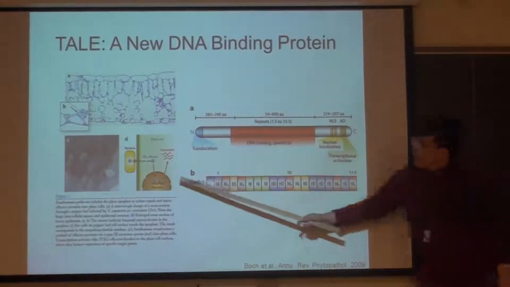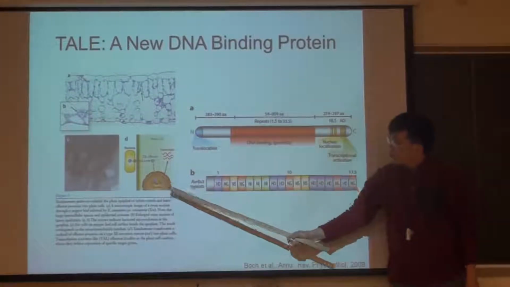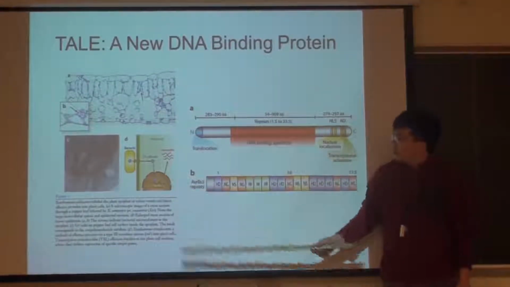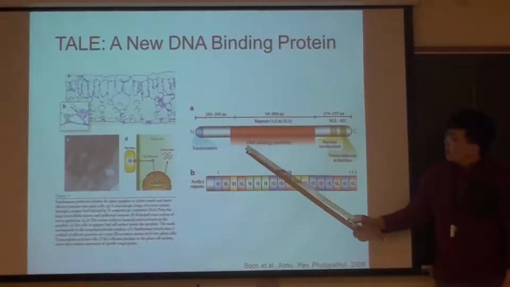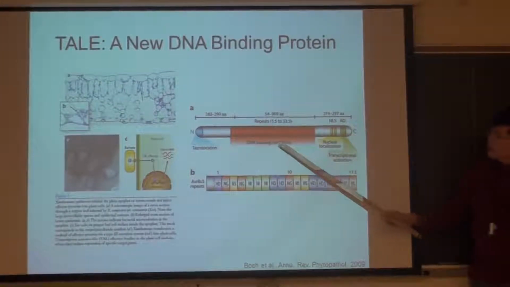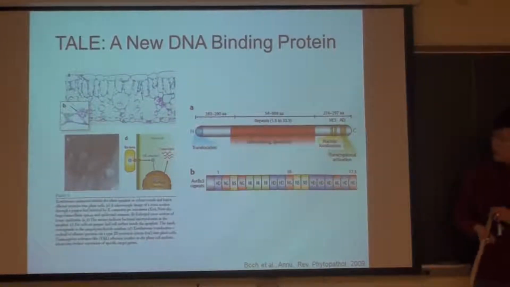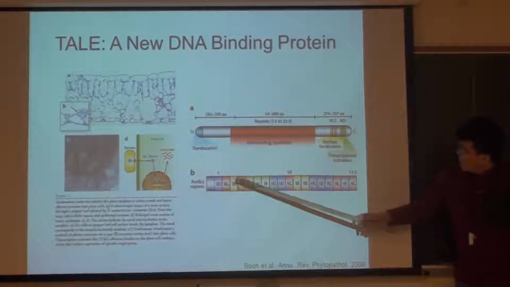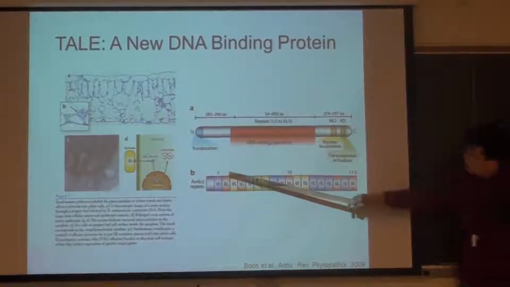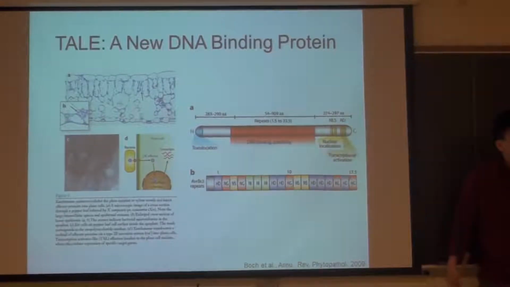When the protein binds to the DNA, that domain will induce the transcription activation of that gene right there. But what's of interest here is the domain that confers DNA binding sequence specificity. It has many repeats, and each repeat recognizes one base pair of DNA.